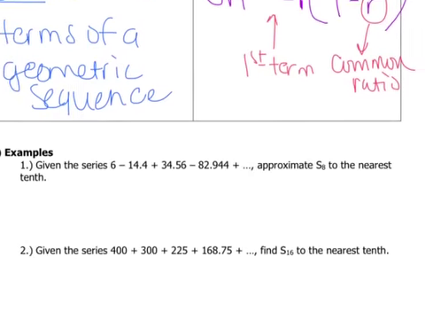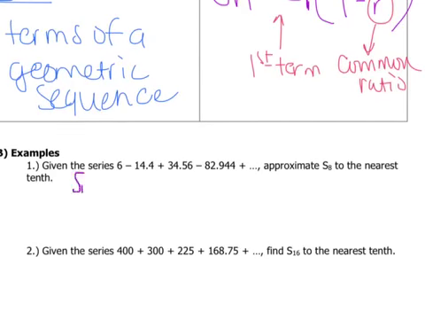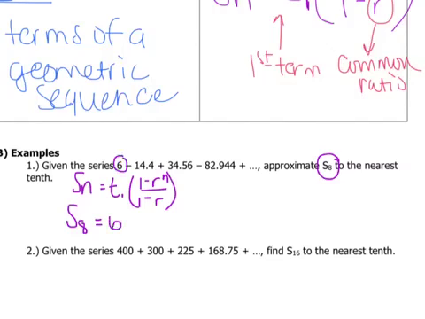So let's start with our formula. Even though we just wrote it, let's write it again. And let's plug in what we know. So I know I'm finding s sub 8. I know my first term is the 6. So 1 minus, what's my value of r?